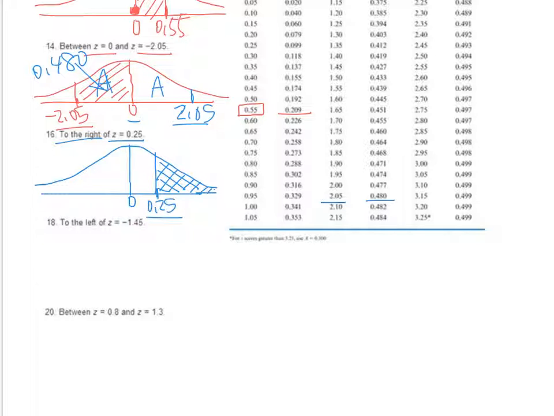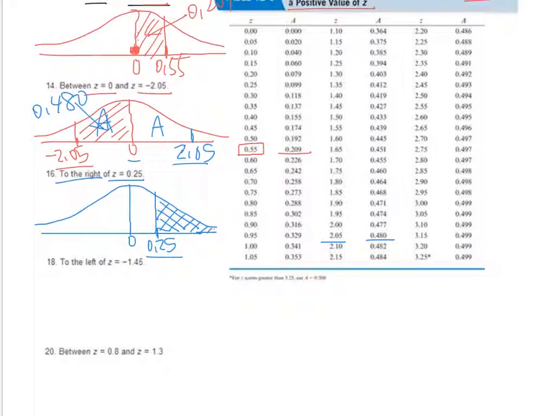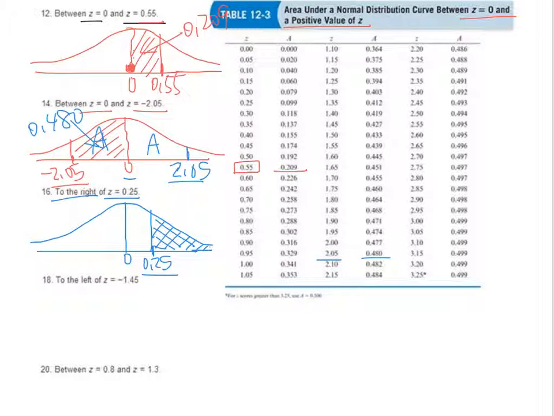So we're going to go to the table. 0.25 as a z-score is right here, and this will be the corresponding A value. Now, if I were to mark this within the diagram, where should I put it?